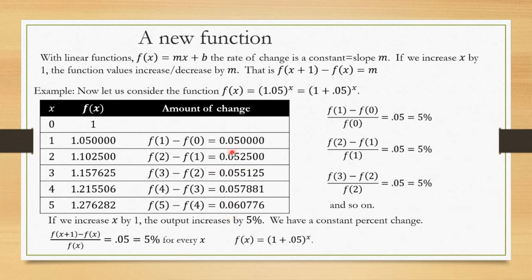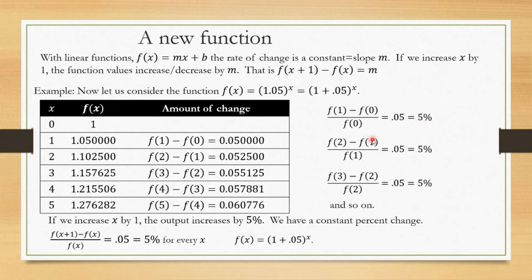But there is something else going on here. Let's look over here. Notice here, what I'm doing is I'm calculating relative change. What I'm doing is I'm treating f of 0 as the starting value, f of 1 as the ending value, for when x is 0 and 1. So as x goes from 0 to 1, we're calculating the percent change in output, which is 5%.